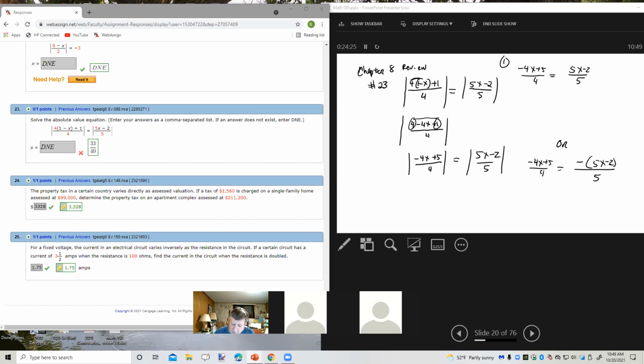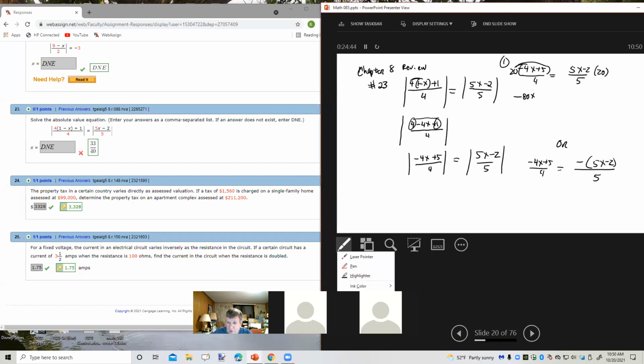So let's look at this first one here. I'm going to multiply both sides of the equation by the LCD, which is 20. So 20 here and 20 there. I get negative 80x. Oh, wait a minute, though. I don't need to do that, do I? Why am I multiplying by the LCD? To clear the fractions.